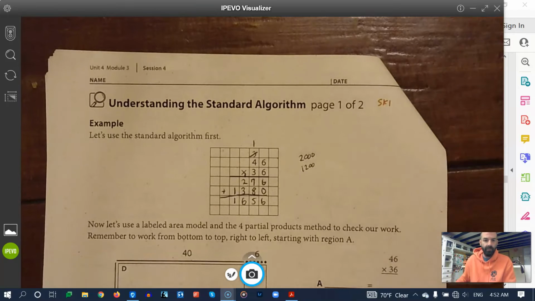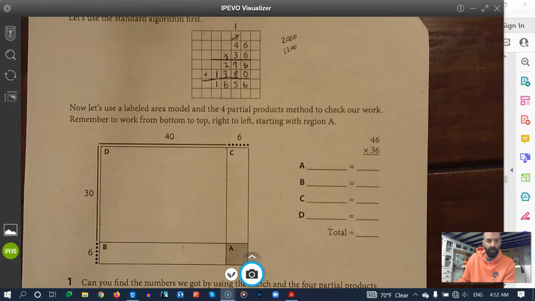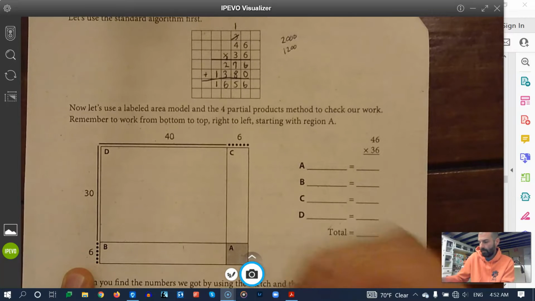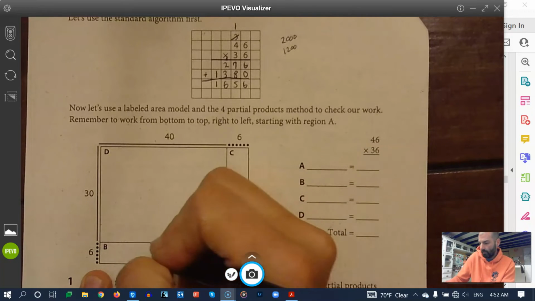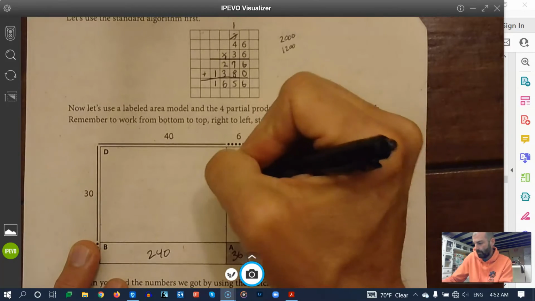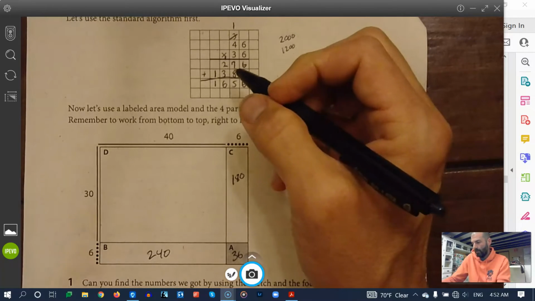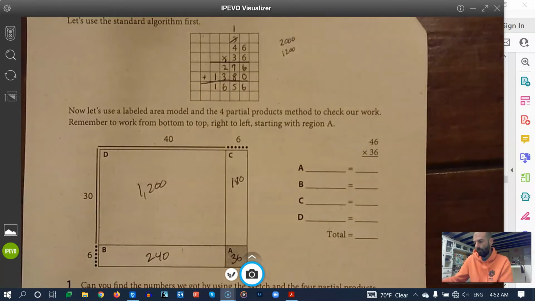All right, so let's check our work, make sure we did this correctly. So we have A, which is 6 by 6, which is 36. B, 6 by 40, which is 240. C, 30 times 6, which is 180. And then D, 30 times 40, which is 1,200.